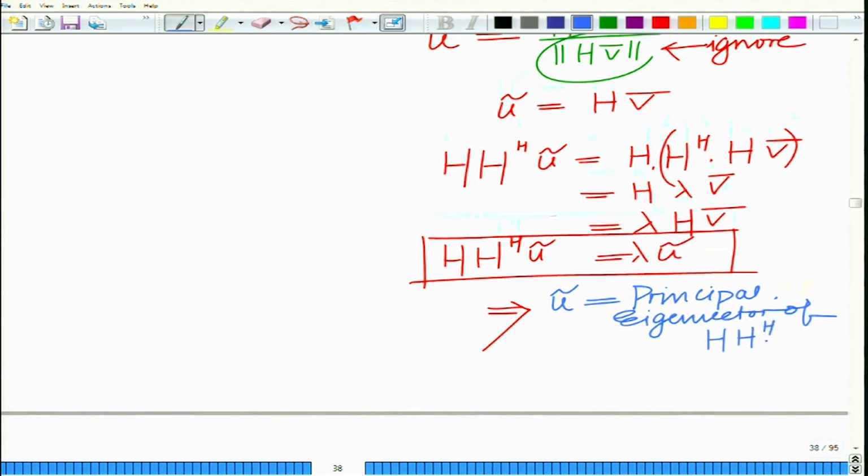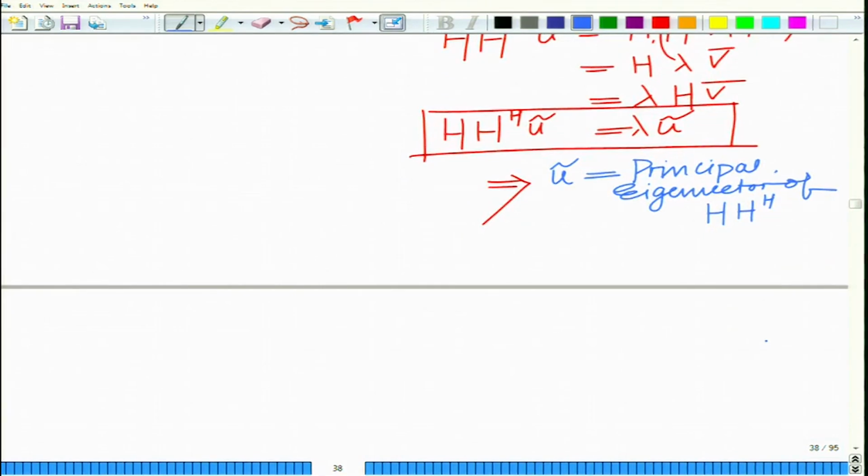That is the eigenvector corresponding to the largest eigenvalue of H Hermitian, and now U bar is simply U tilde divided by the norm of U tilde, which is the principal eigenvector with unit norm. Remember, you can scale the eigenvector by any quantity and it will still be an eigenvector.